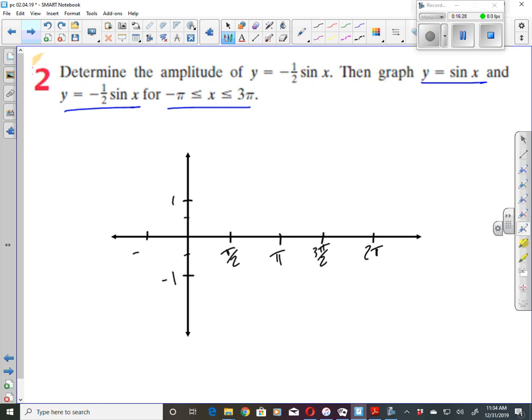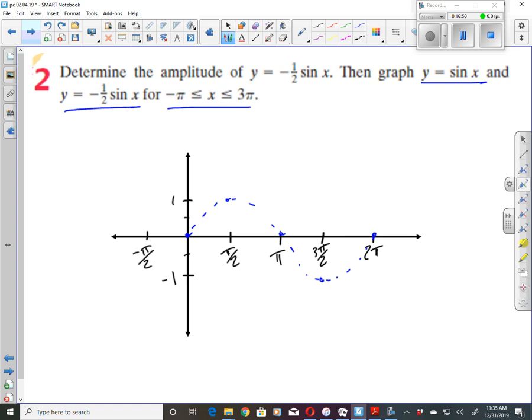I can go negative pi over 2. Okay? My sine function starts at 0, goes up to 1, down to 0, down to negative 1, and back up to 0. And again, I'll draw this dotted because this is not my goal. This was just my pattern. And the more you see this, the easier it gets.